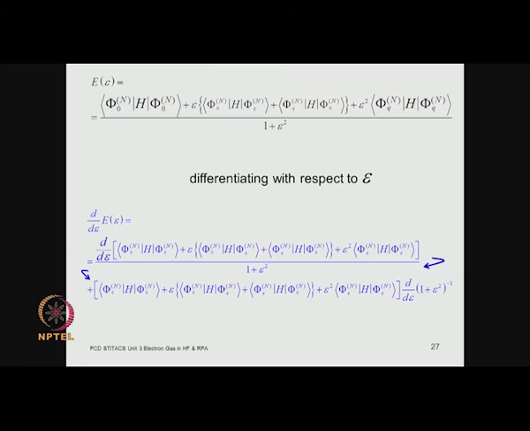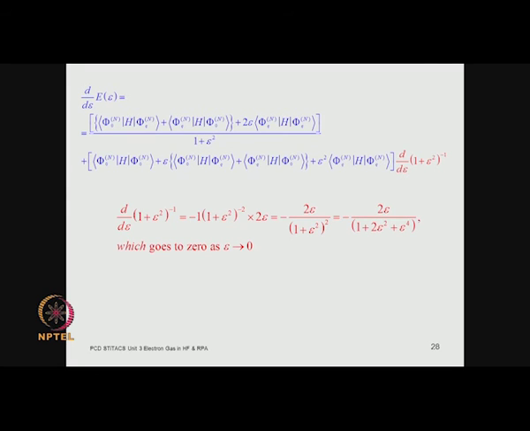So, that is the differential of the numerator divided by the denominator, which is 1 plus epsilon square, plus the numerator times the differential of the denominator, which is minus twice epsilon divided by 1 plus twice epsilon square plus epsilon to the 4. That is the differential of the denominator.